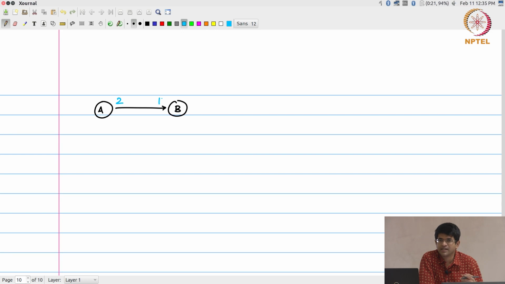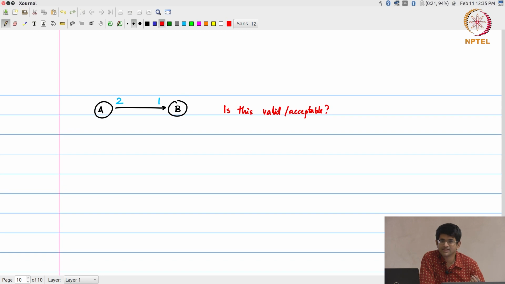Essentially saying that every time that A fires, it produces 2 tokens, and every time that B fires, it consumes 1 token. Is this valid? Is this even acceptable? Is it possible to implement something of this sort?